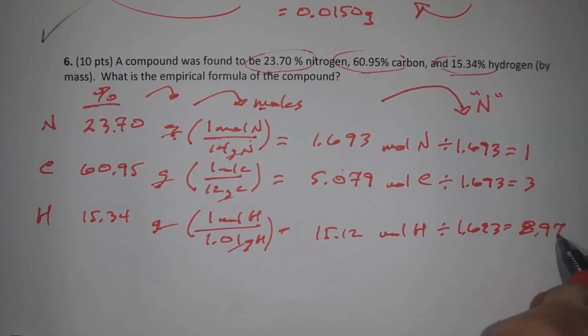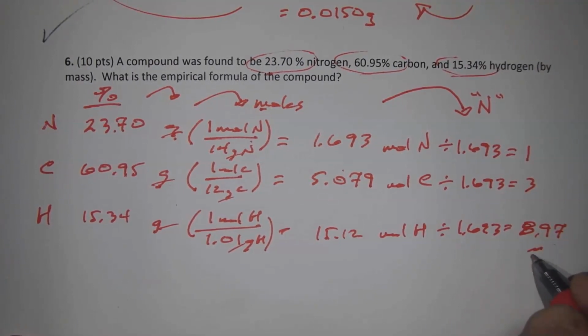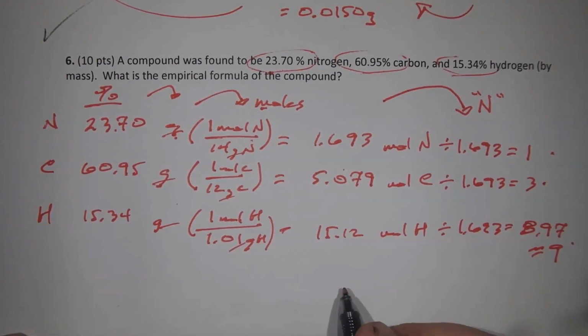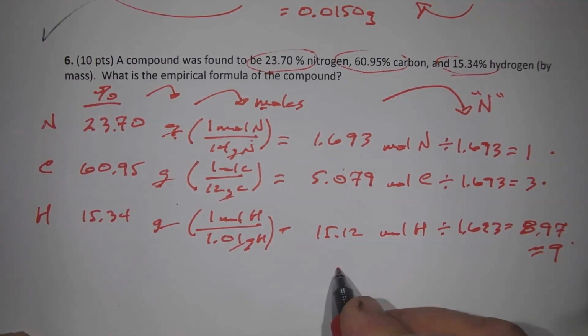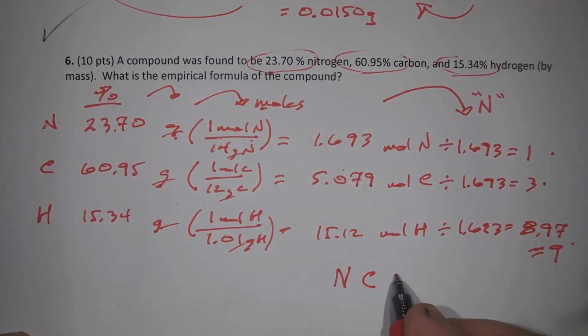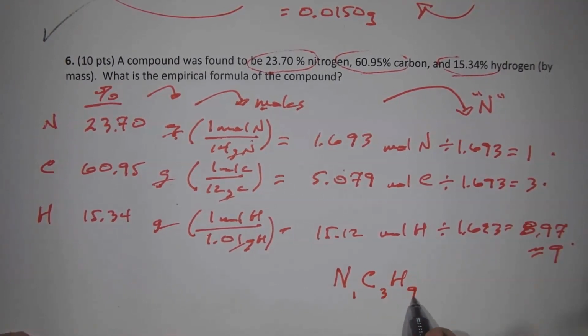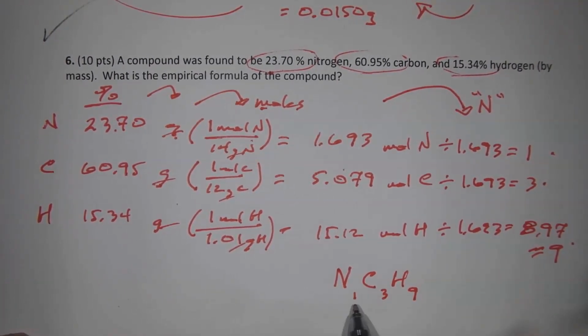So pretty darn close to 9, though I need to recognize that. That's about 9, and I see this 1 to 3 to 9. So when I look at the formula of this compound of nitrogen to carbon to hydrogen, I have a 1 to 3 to 9.